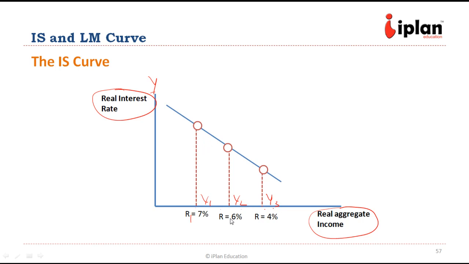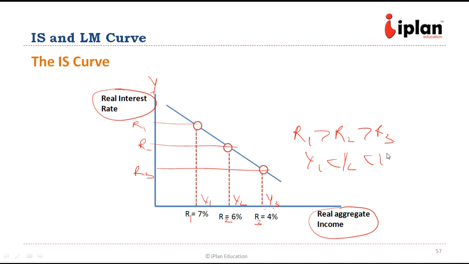So r1 is the highest and y3 is the highest. When we reduce the interest rate, the real aggregate income goes up. That is the basic relationship coming from this curve. Now let us look at the LM curve, which is about liquidity and money supply.